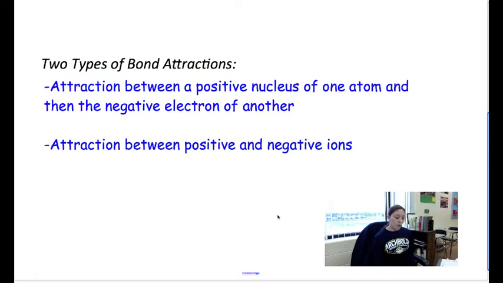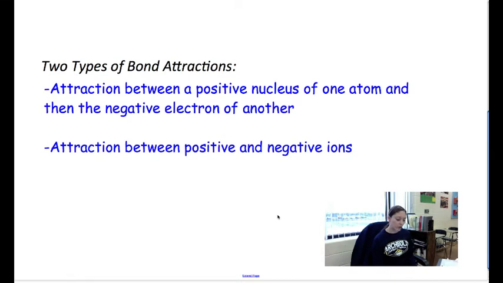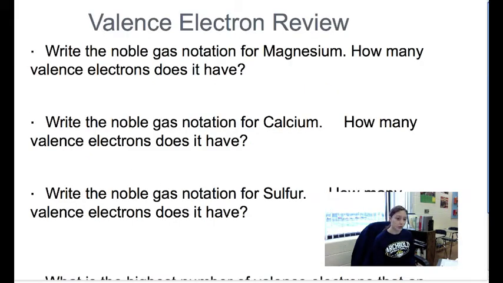Well, when we start to look at how things bond, we have to figure out exactly how many valence electrons something has. So let's review a little bit. Let's look at the noble gas notation for magnesium. You can write it out if you want to, or you can just look at your periodic table.